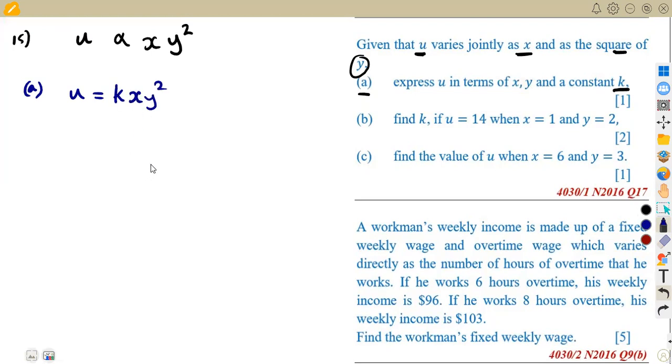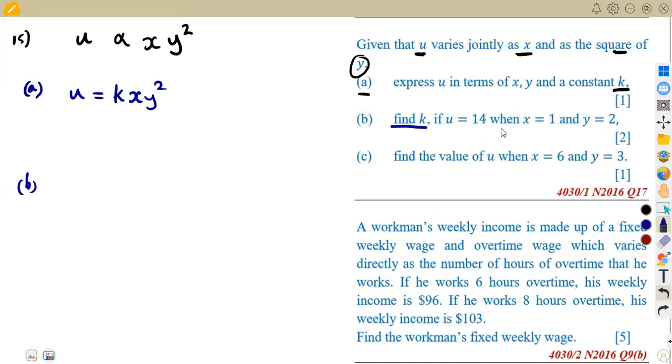We're supposed to end there. The question is asking us to write a formula connecting u, x, y, and a constant. So the constant is supposed to be part of your solution. That is, you're done. You move on to B, find k. That is the question, find k.